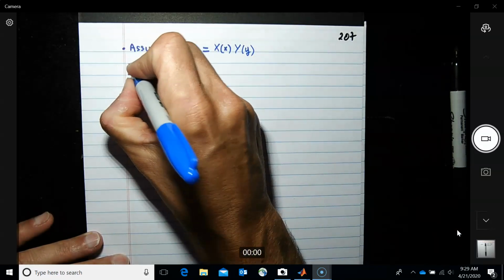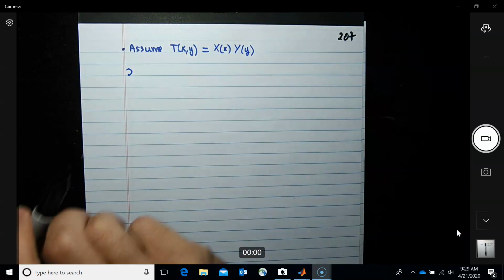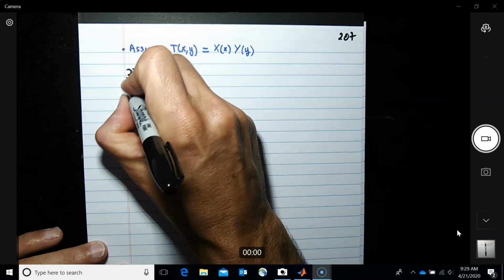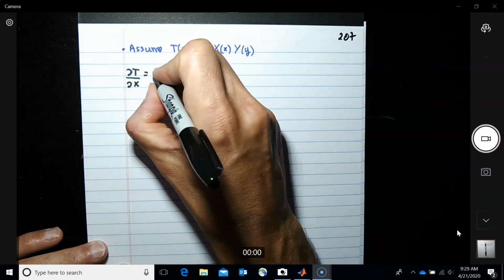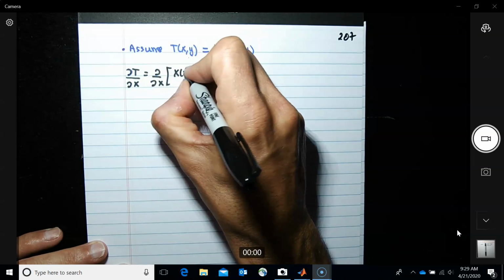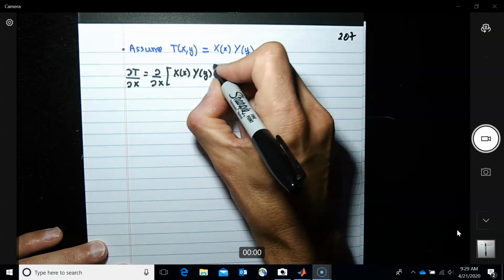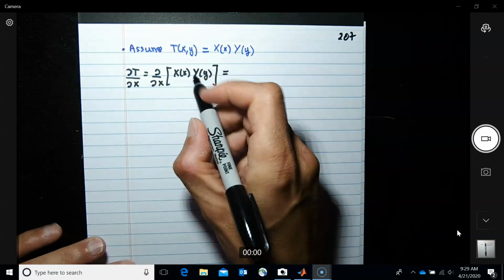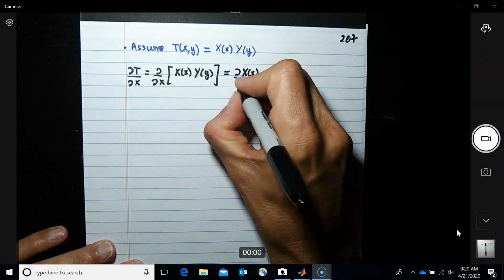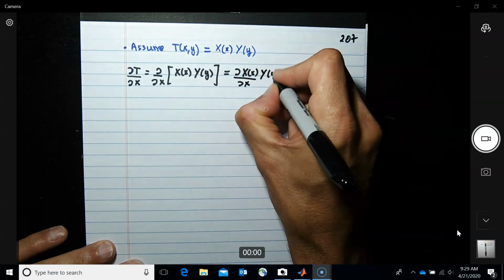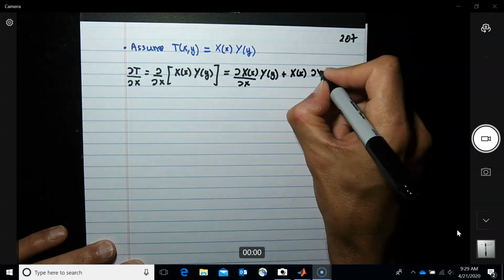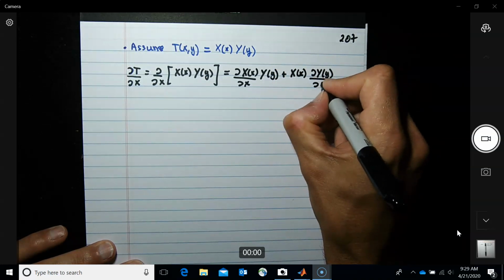So now we do this, what does that mean? We're going to have the partial derivative of T with respect to x will be equal to what? Partial x of X(x) Y(y). This is only in function of x, will give you partial of X divided by x times Y(y) plus X(x) partial of Y divided by x.